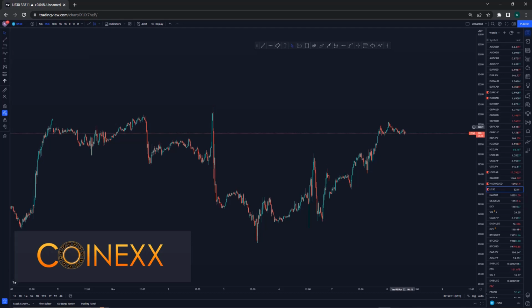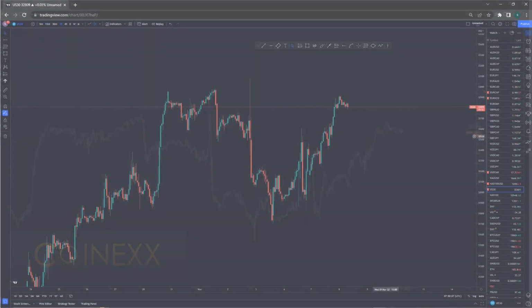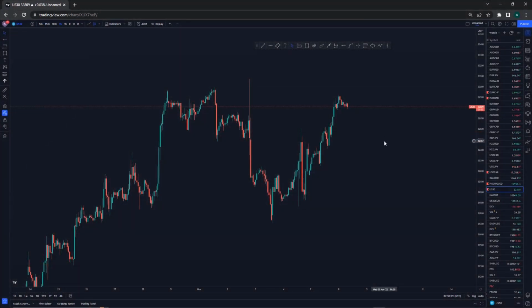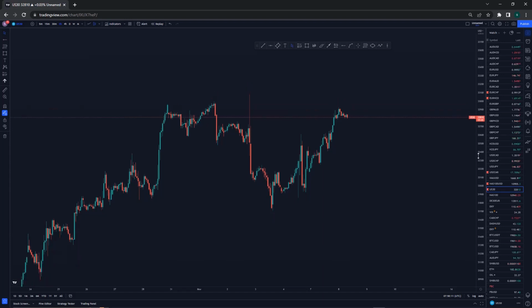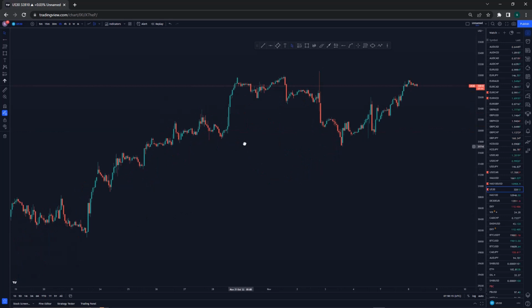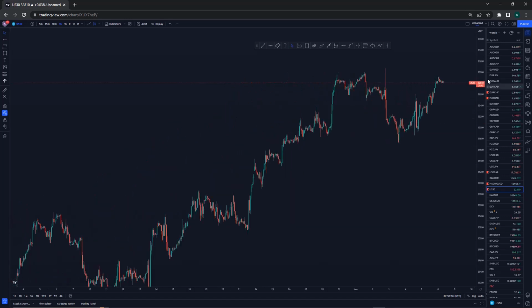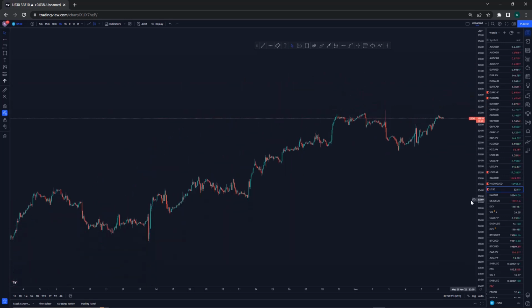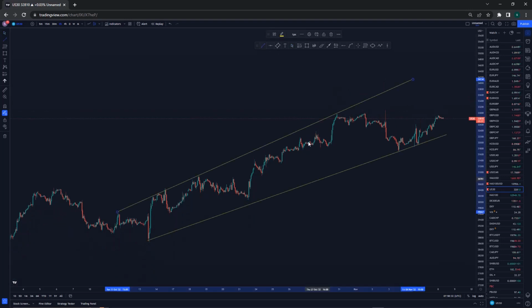Okay, so now let's analyze US30. With US30, I did the analysis on the 1 hour time frame, and I was able to see a channel, right? So with this channel right here, you can see that we have impulse waves within corrective structure: impulse wave, correction, impulse wave, correction.